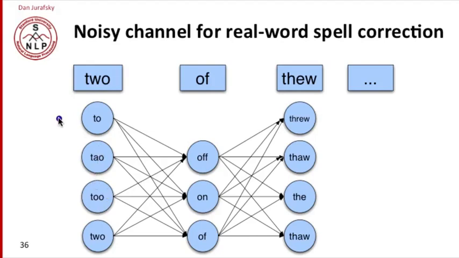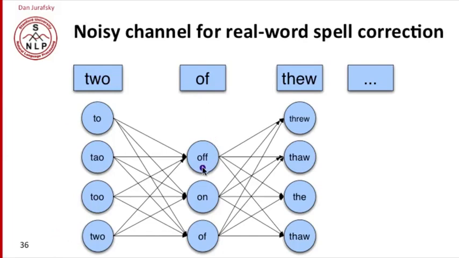So two could have been the word too, where the error was an insertion of a w, or it could be the word tau, where the error was a substitution of a for w, or it could have been the word to, substitution of an O by a W, or it could have been correctly the word two, it could be correct.